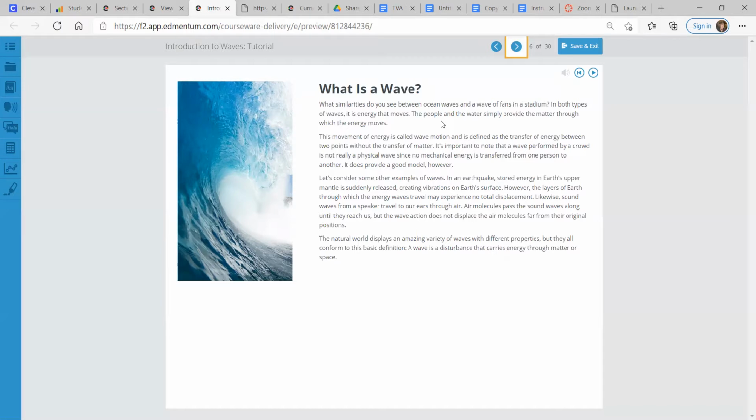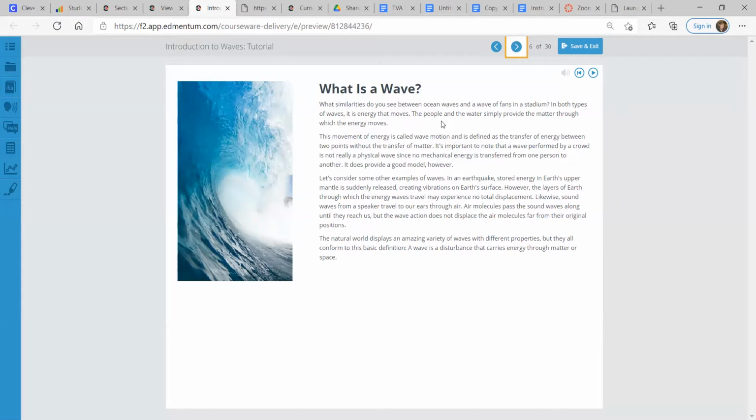This movement of energy is called wave motion, and it's defined as the transfer of energy between 2 points without the transfer of matter. So it's important to note that a wave performed by a crowd is not really a physical wave, since no mechanical energy is transferred from one person to another. It is a good model for our visual minds to look at.